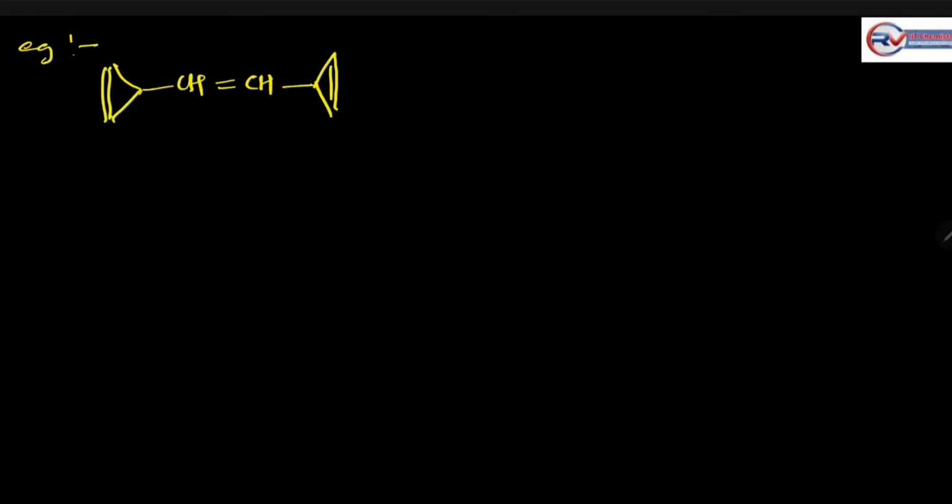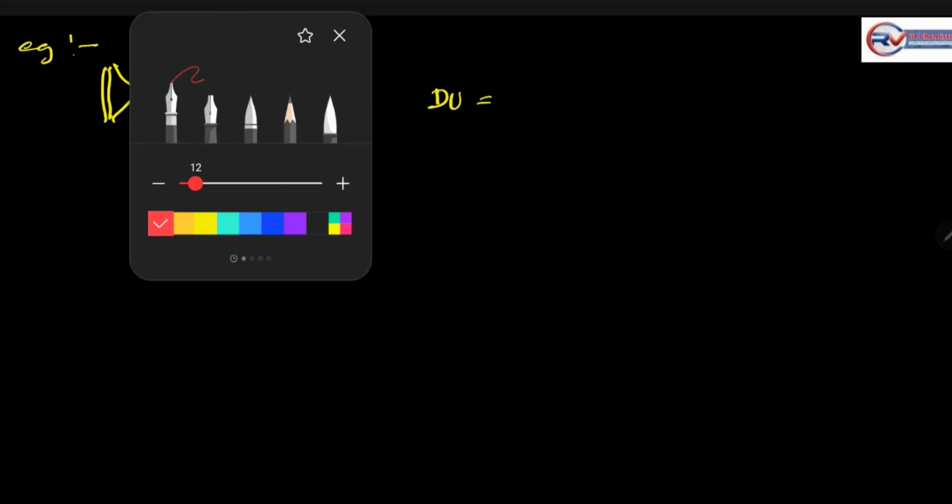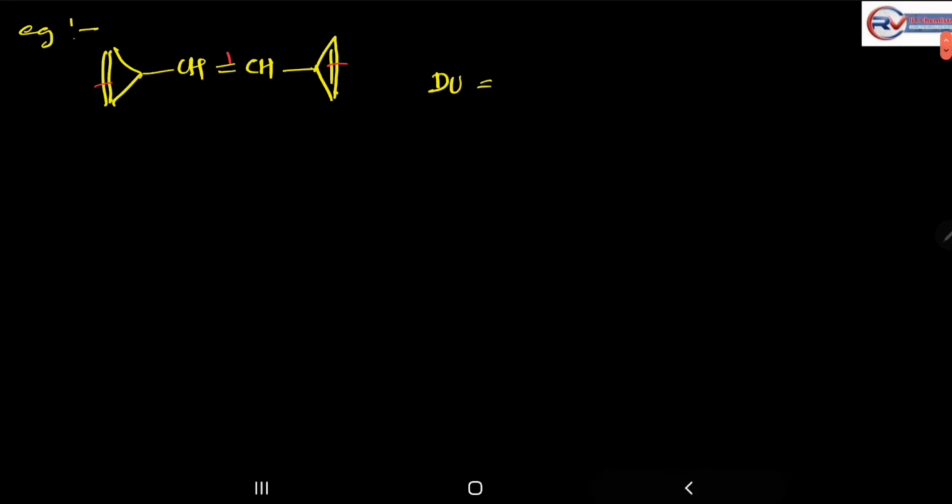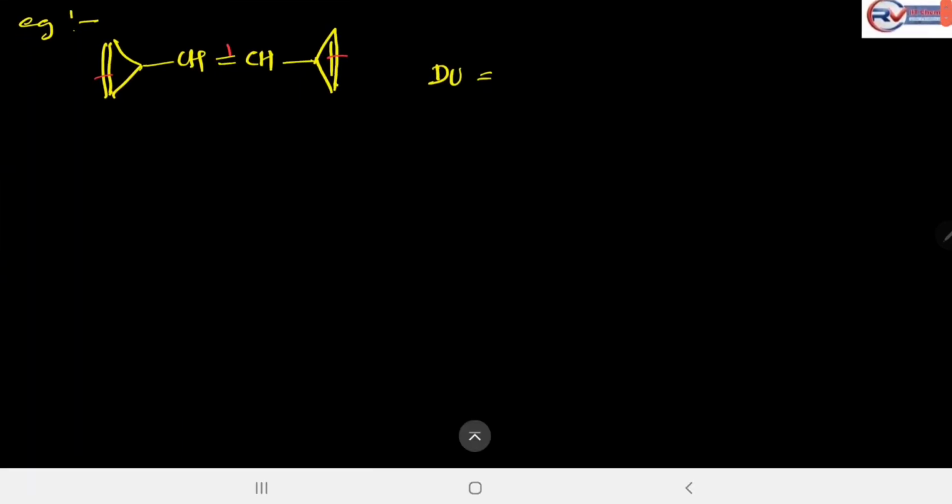Now DU equal to what? Structure based, number of pi bonds plus number of rings. How many pi bonds? Look at the number of pi bonds: 1, 2, 3. Yes, 3 pi bonds.